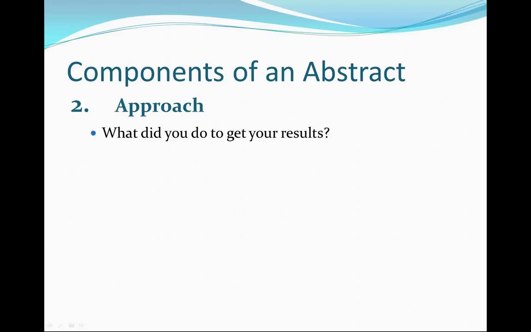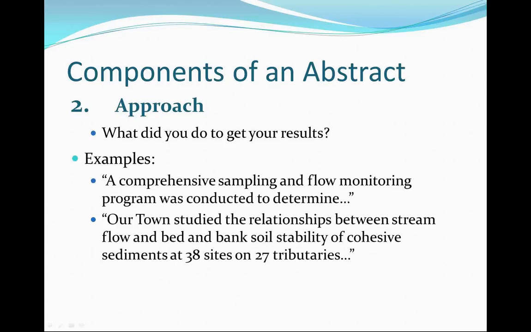So here the statements can start to vary, but some examples are: a comprehensive sampling and flow monitoring program was conducted, or our town studied the relationships between stream flow and bed and bank soil stability of cohesive sediments at 38 sites on 27 tributaries. So obviously you need to be specific here, and using numbers, like in this second example, if there are numbers, is a good way to go.